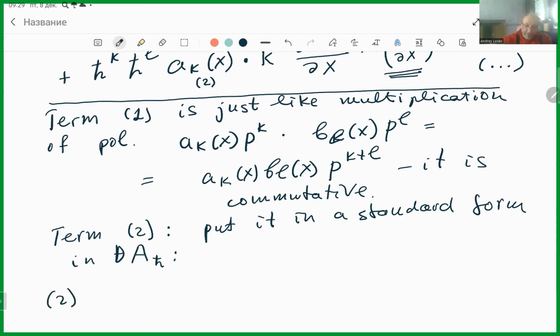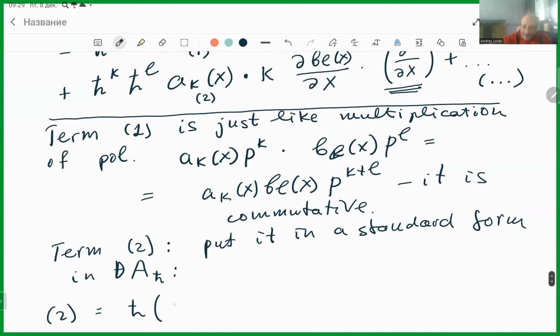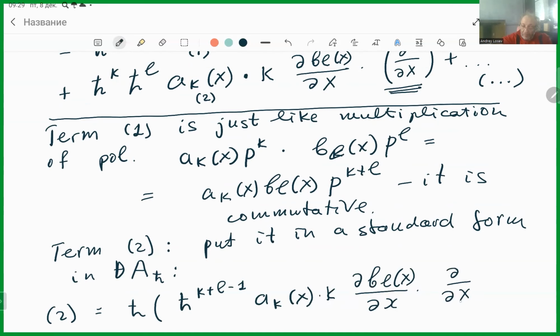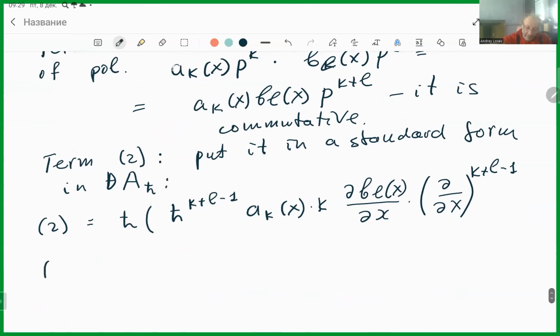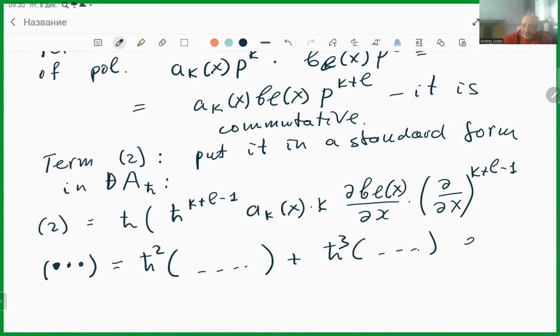So the second term has the form h times a proper element from the DAH. Clearly, the terms that I denote like several dots are h squared by something plus h cubed by something, etc.